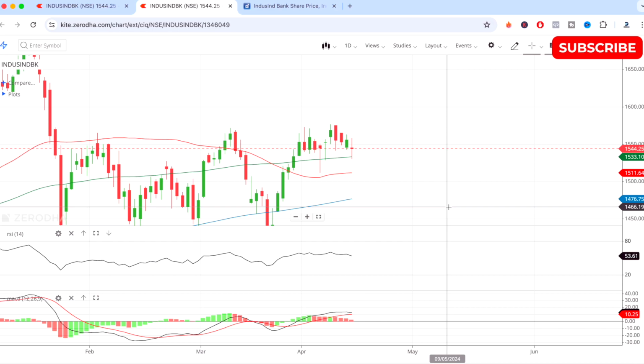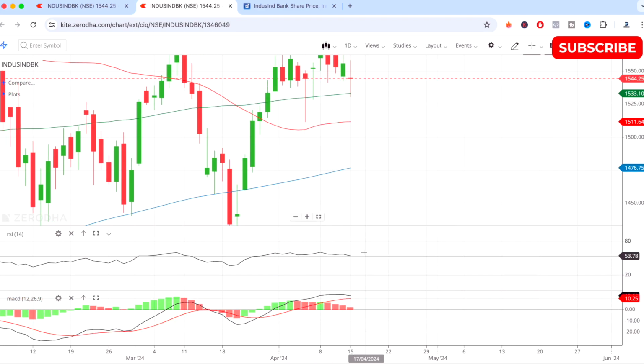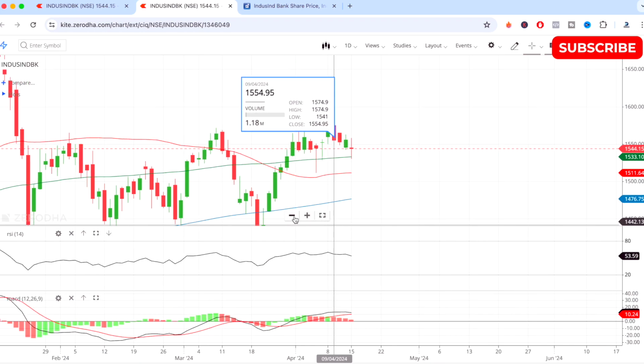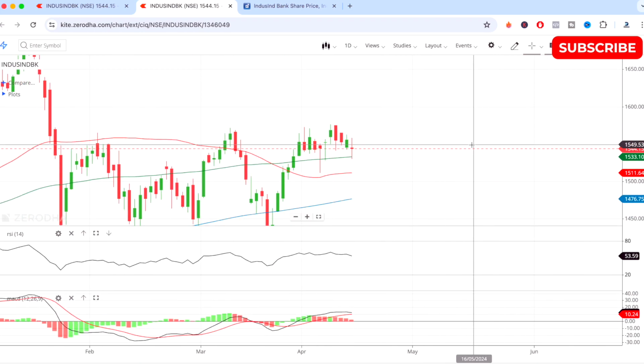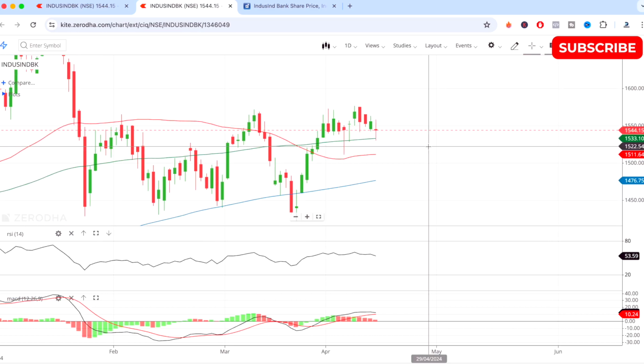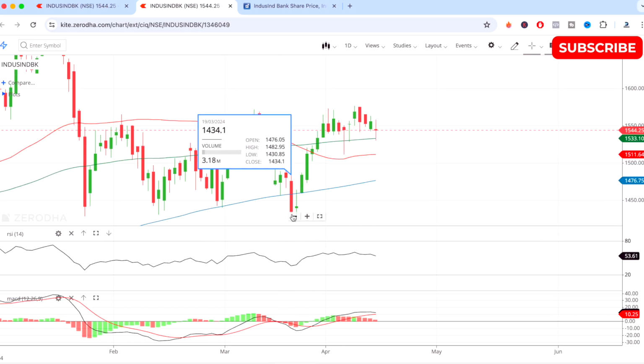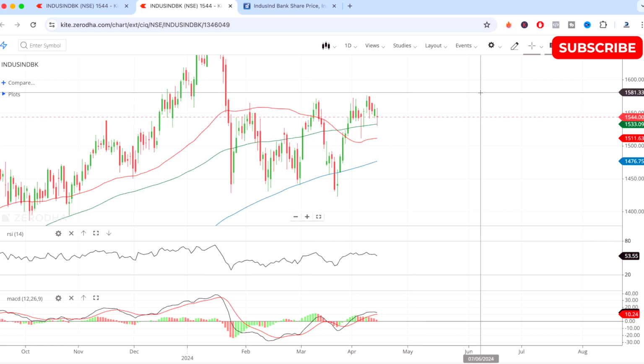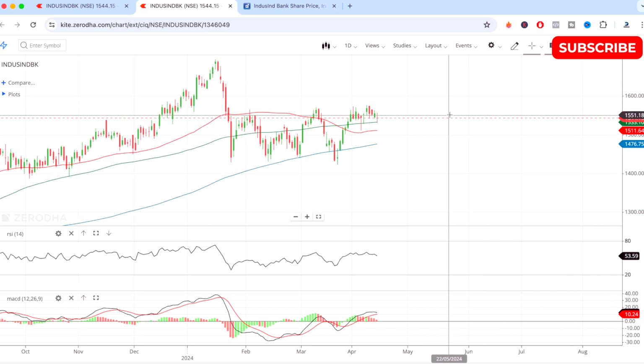So if MACD turns the curve towards the upside, and if RSI tends to go up in an overbought zone, then we can expect a strong bias to come in and this resistance to give a breakout. So remember guys, 1574 is one of our key important resistance levels for this stock. So once this breaks only, we can expect the stock to go further higher.